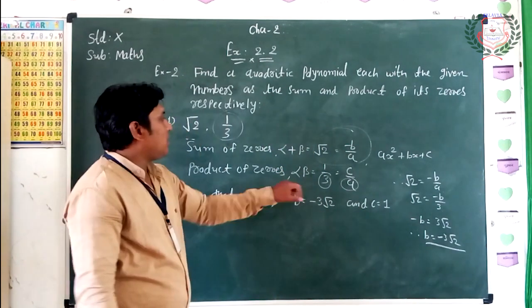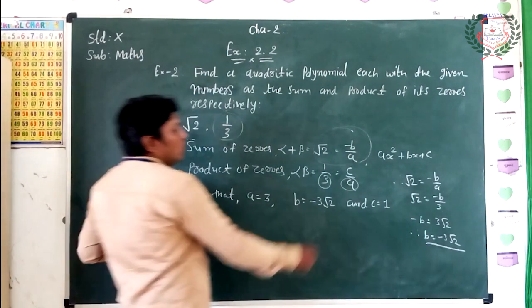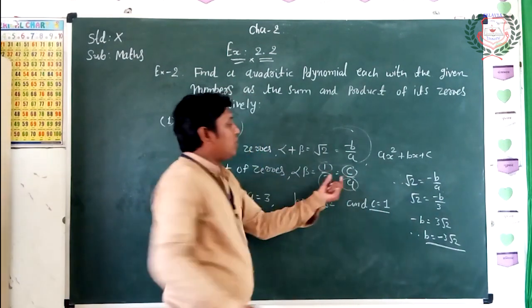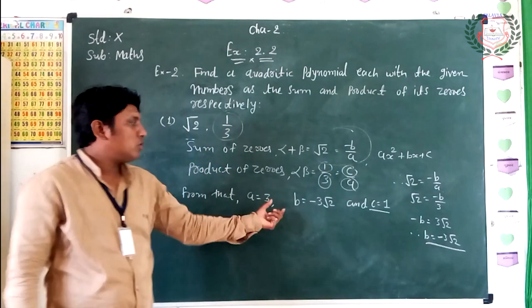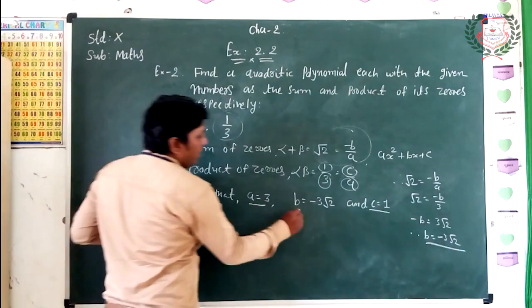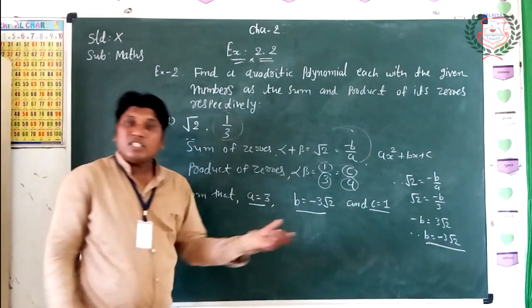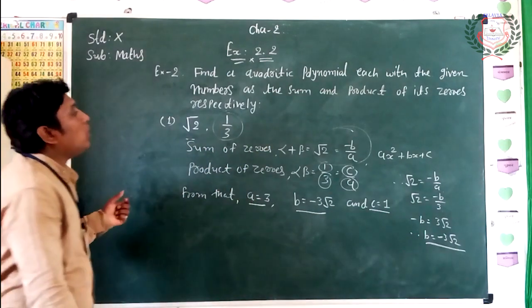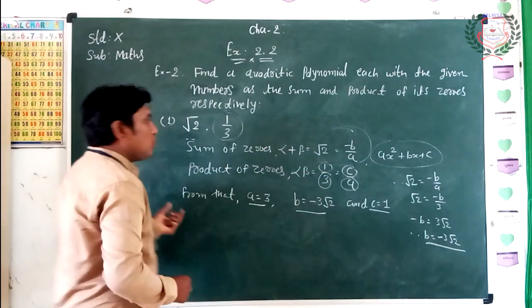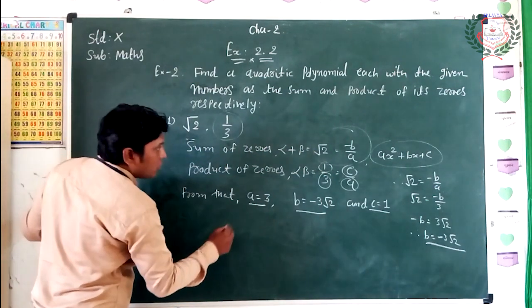And after that, you have to put the value of c. You compare this part, so c is equal to 1. Now you have the values of a, b and c. Consider them in the polynomial. Put the value of a in the place of a.